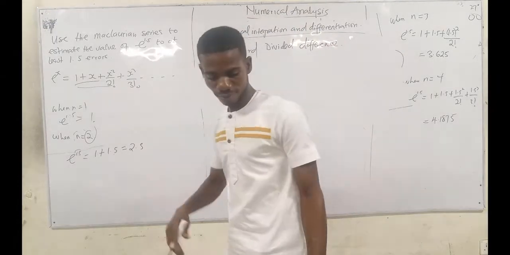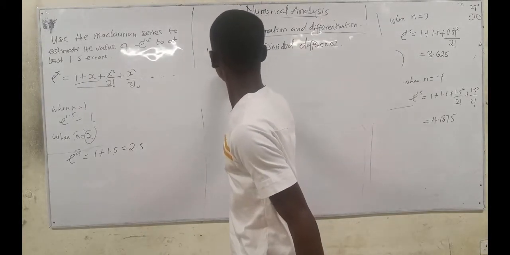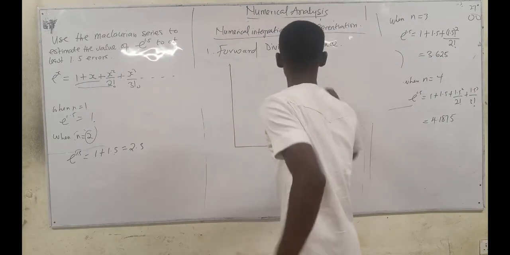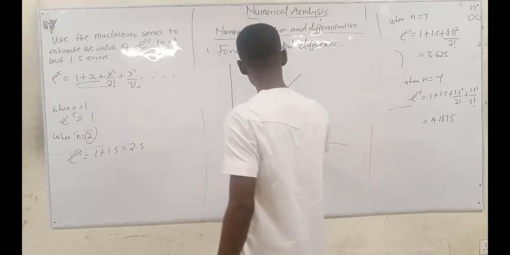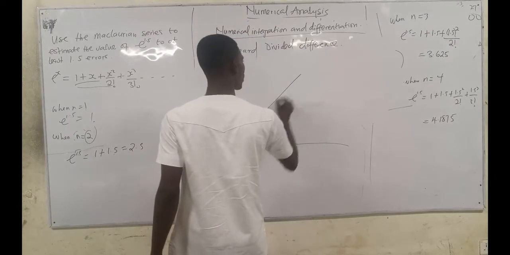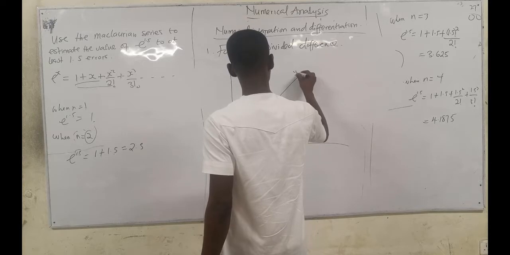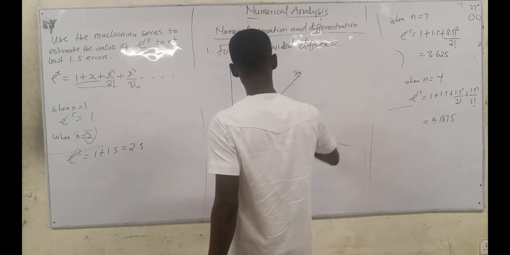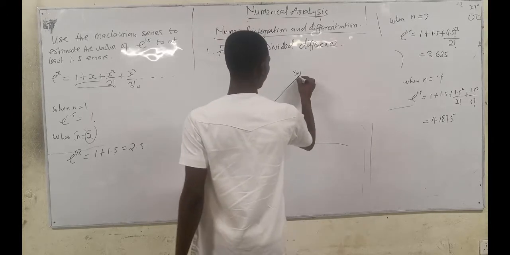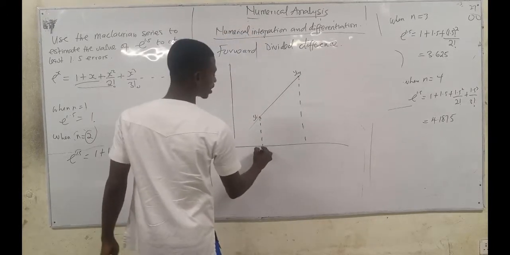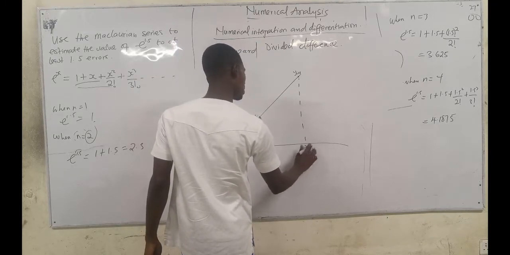Let's take the first one, the forward divided difference. I'm going to draw a diagram on the board. Assuming I have a line in this form, let here be my y, and here is my x i plus 1.